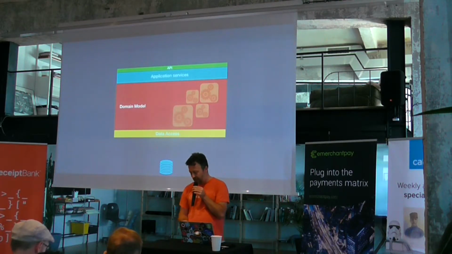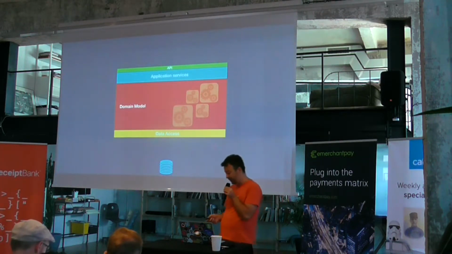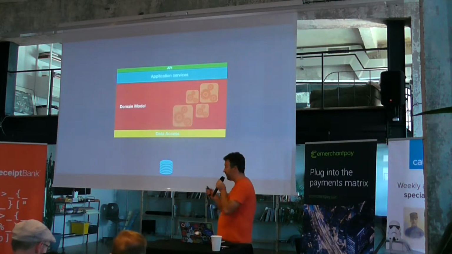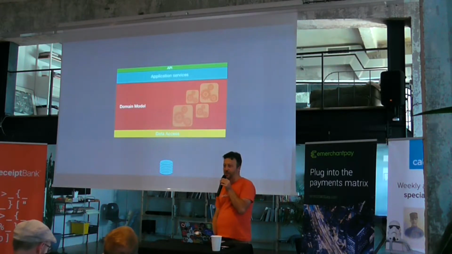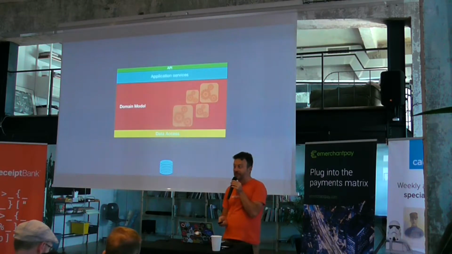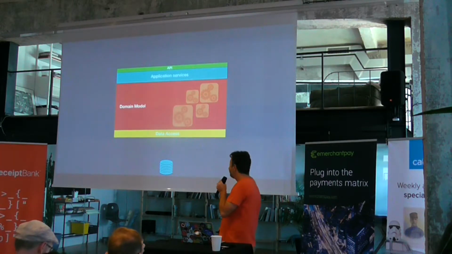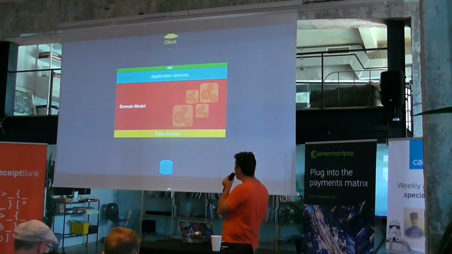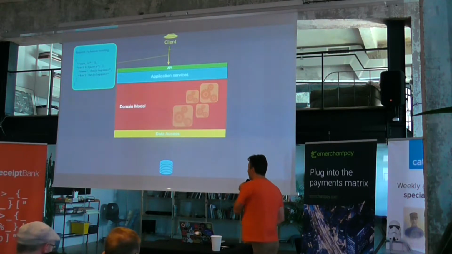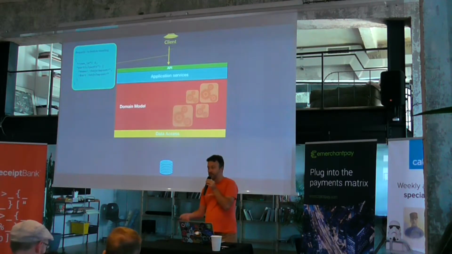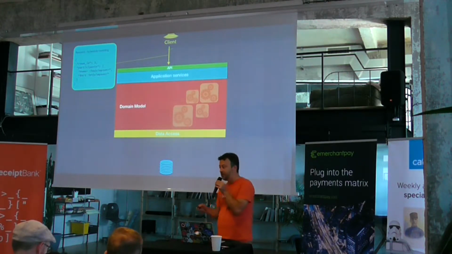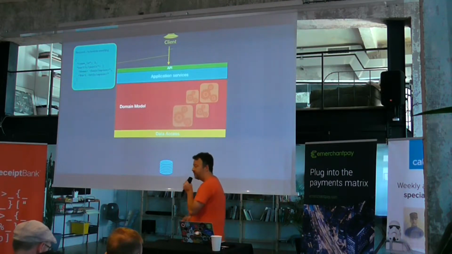So, this is a simplified representation of something that is called N-tier architecture, very simplified, and it's usually represented as 3-tier architecture. We also kind of call it these days a monolith sometimes. So essentially, when a client comes to your application and submits a request, like schedule a meeting, the application receives this request, validates the payload, does some business processing, and then persists the results.